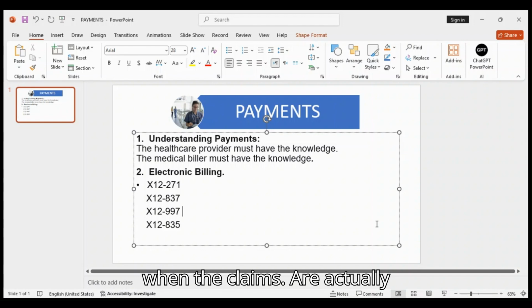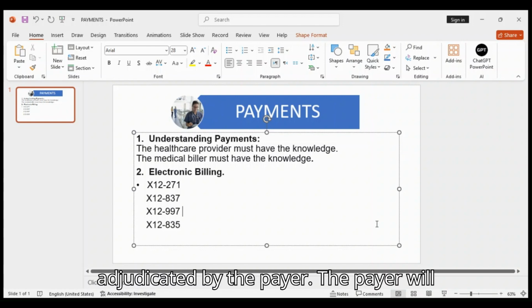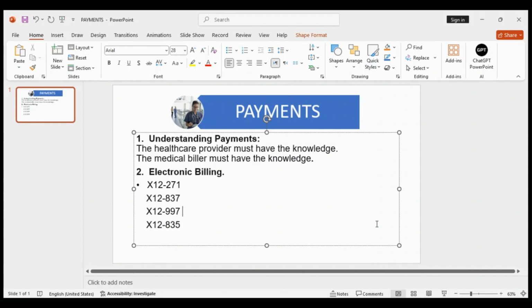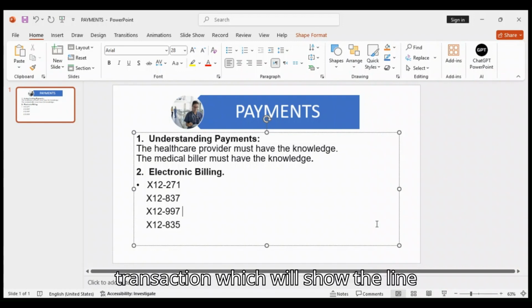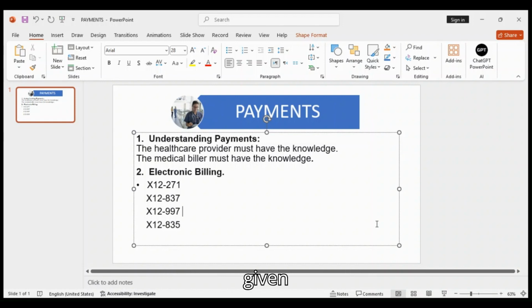When the claims are actually adjudicated, the payer will ultimately respond with an X12-835 transaction, which will show the line items of the claim that will be paid or denied. If paid, the amount, and if denied, the reason will be given.